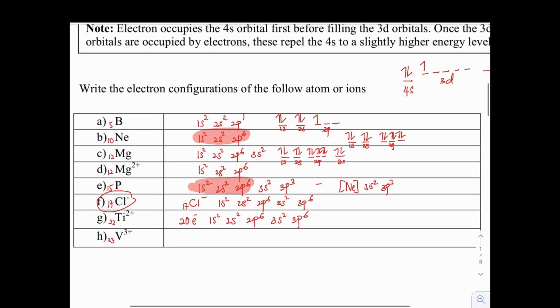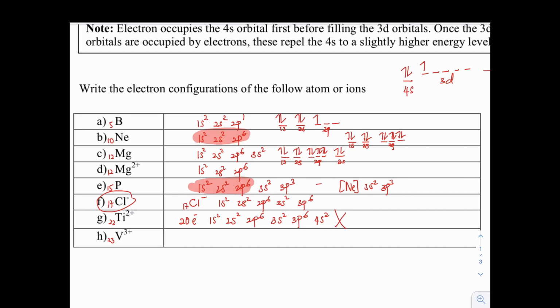Now you will have a total of 18, followed by 4s2. So then it will make up 20. But this is a wrong electronic configuration of titanium 2 plus.